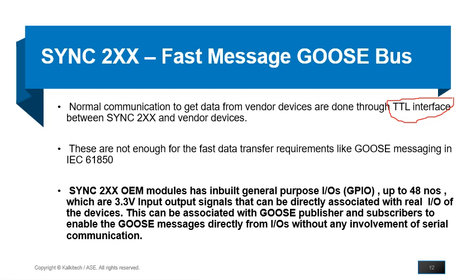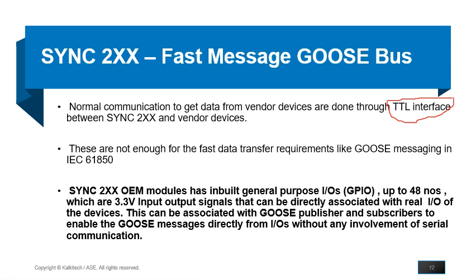But for GOOSE, the data needs to be sent fast, within 10 millisecond. A TTL interface with 19.2 baud, normally supported in the vendor device, may not be enough for transferring this data.